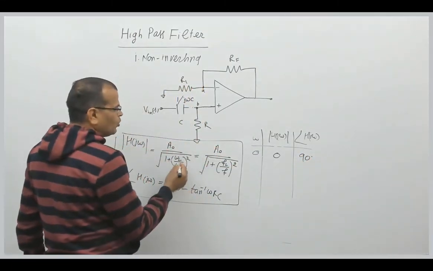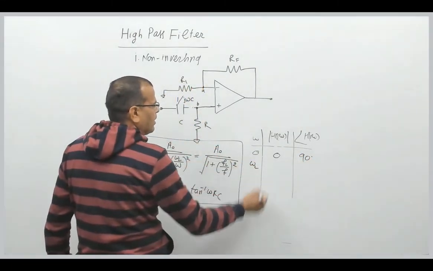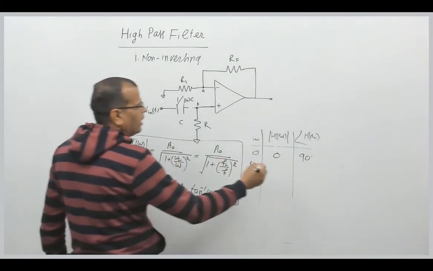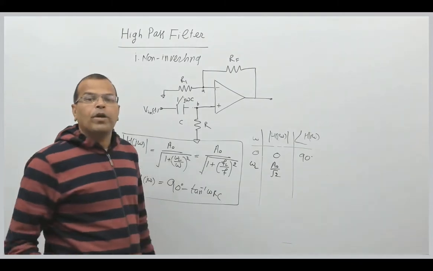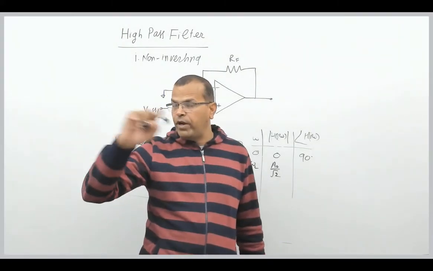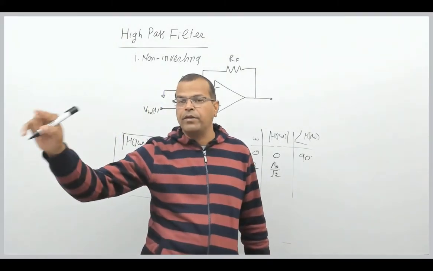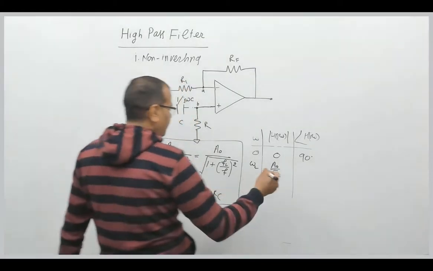When you put omega equal to omega L, the magnitude becomes A naught by root 2, that means 1 by root 2 times its value at infinite frequency, and the phase angle becomes what?